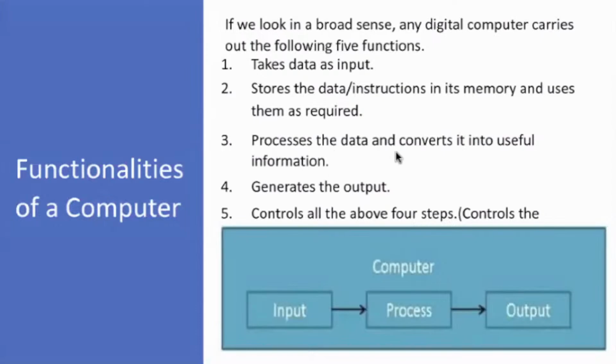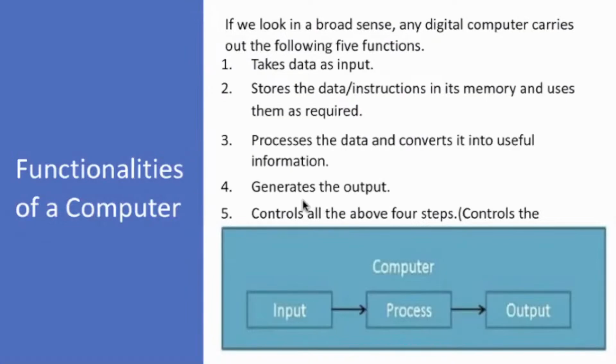Then it processes the data and converts it into useful information. So we can input some data to our PC, then we can process it and build some information using that data. We use several kinds of software for that processing part, but you have to think that we can input data, then inside our computer we can process it and make information.